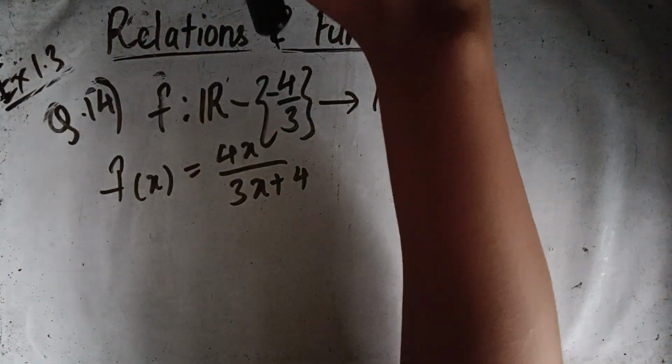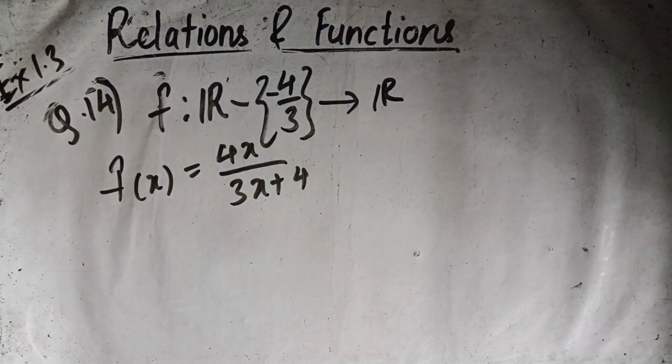Okay. So for this, first we have to find the G function, and then we have to compute f composite G, then G composite f. If they are identities, then it is invertible, and we can say that the inverse exists. So let's find out our G function.